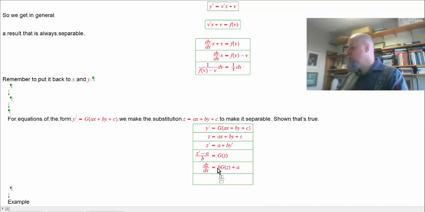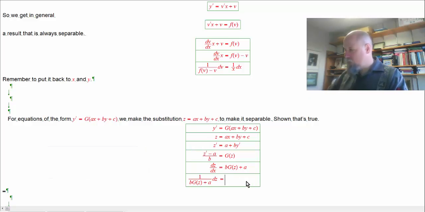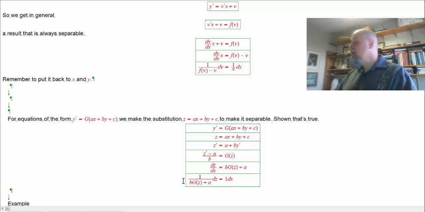Now I can put all of the z's on the z side, and there is just a 1 or whatever dx. So integrating the x side is going to be easy. Again, that's just going to be x plus c.